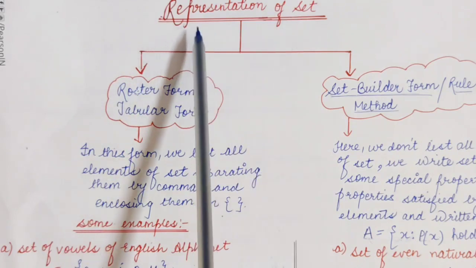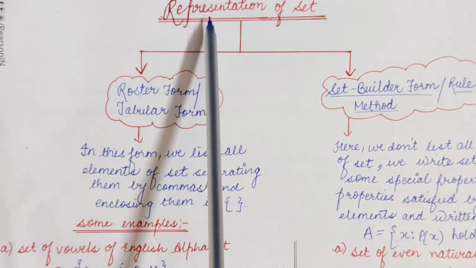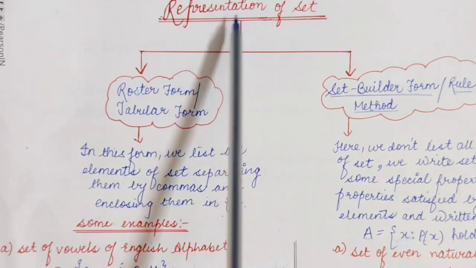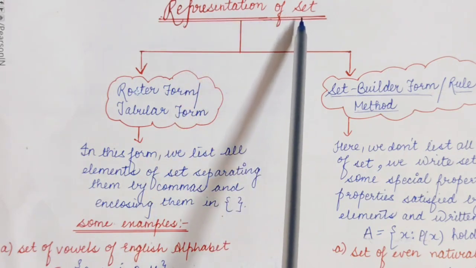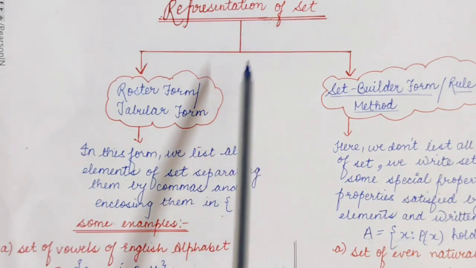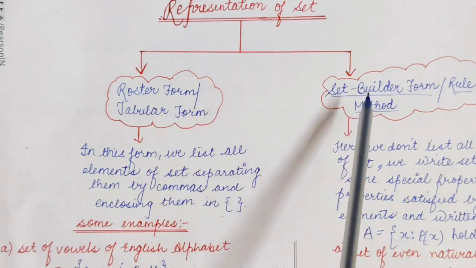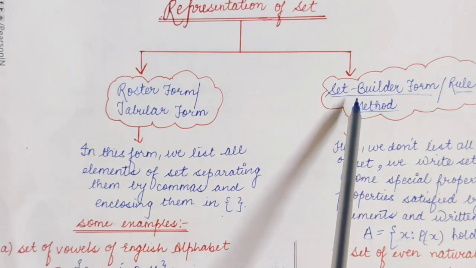Today we are going to start with our next topic, which is representation of a set. Now how will a set be represented? There are basically two forms for the representation of a set.